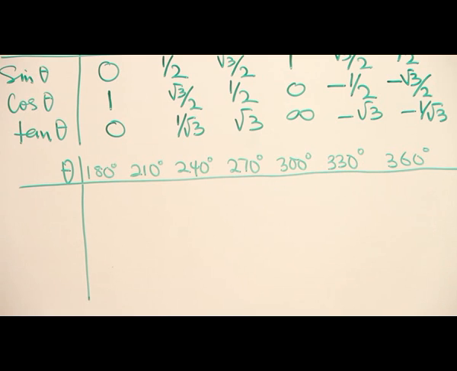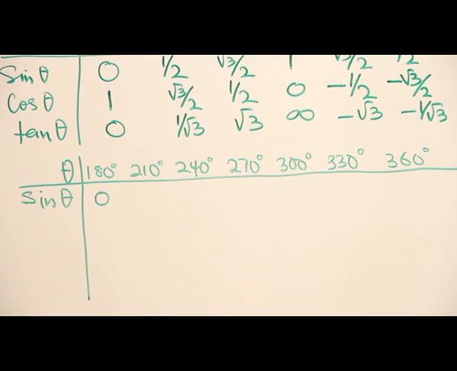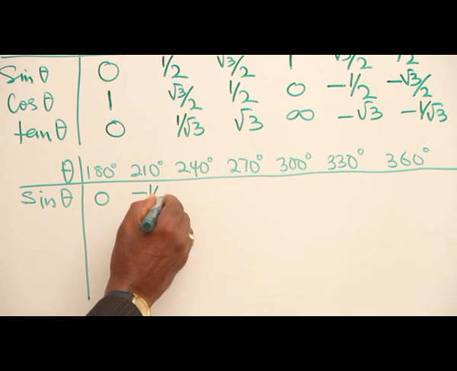We will write out the value of sine theta. As I said earlier, sine 180 degrees is equal to 0, and then sine 210 degrees is minus half.